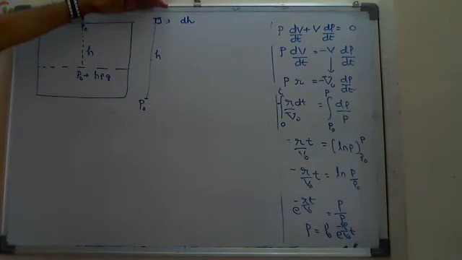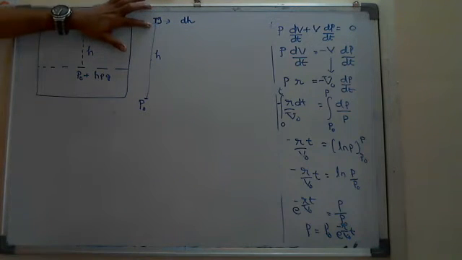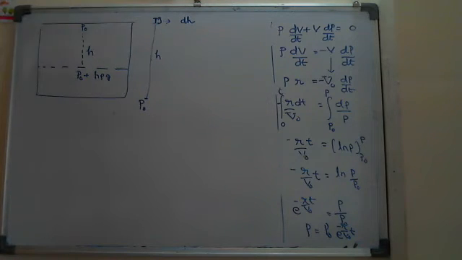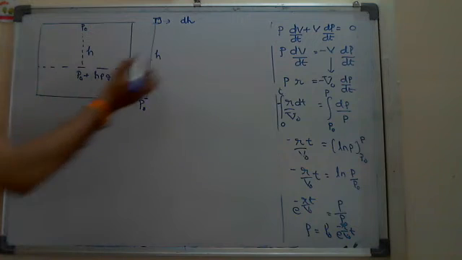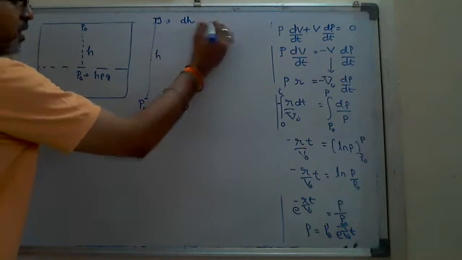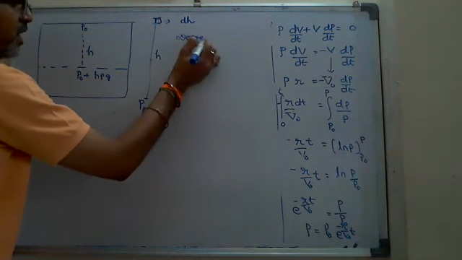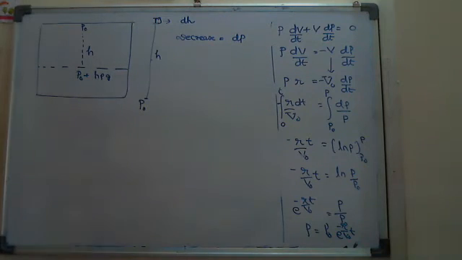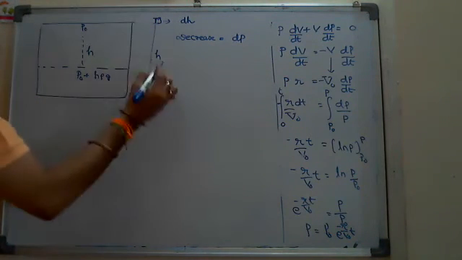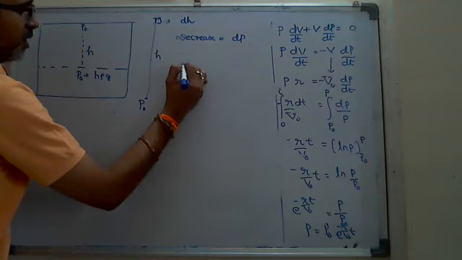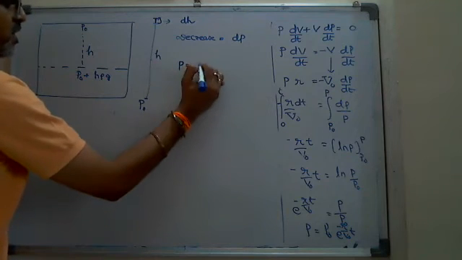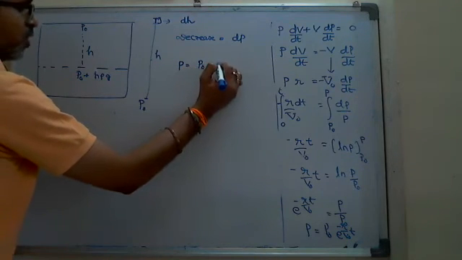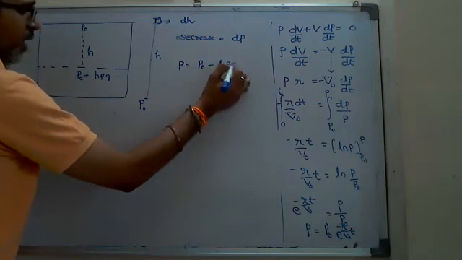While going up a height h, suppose you move from here to there, going up by a small dh, the pressure will decrease by some dP. What will be that decrease in pressure? Generally we write the pressure at a point as P naught plus h rho g, or minus h rho g while going up.